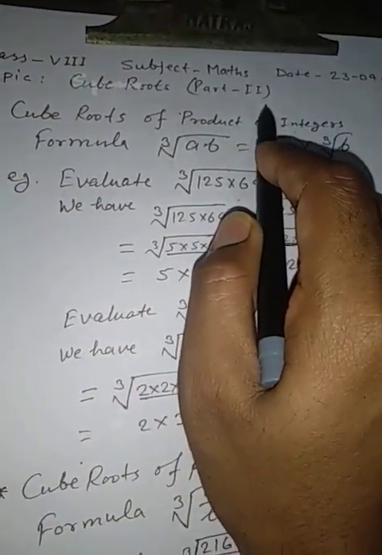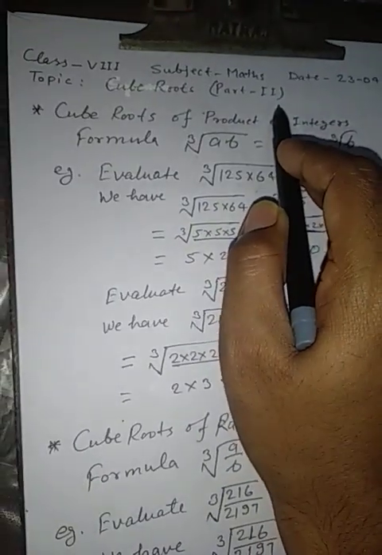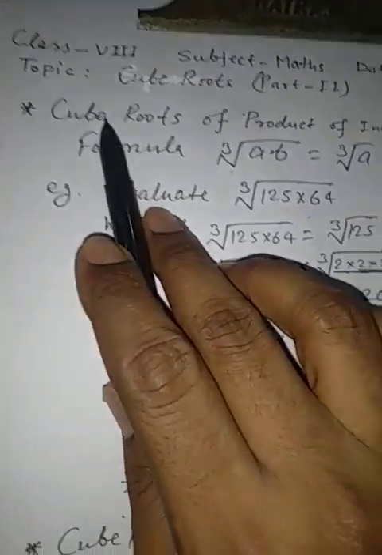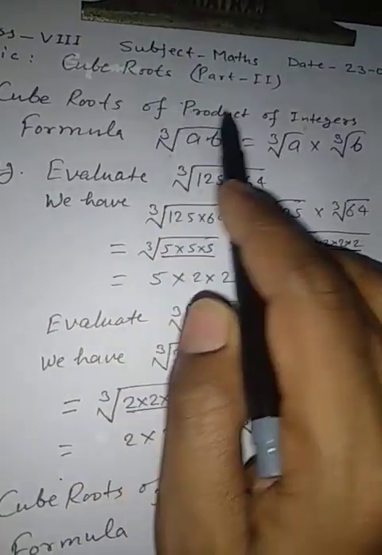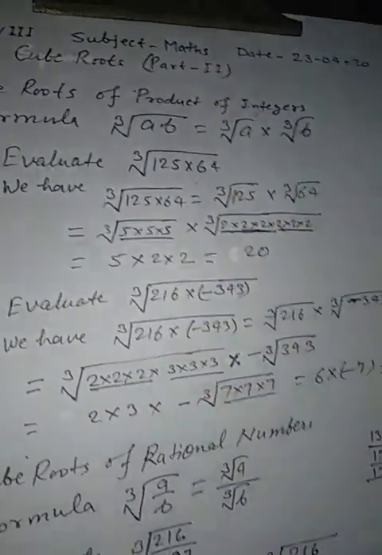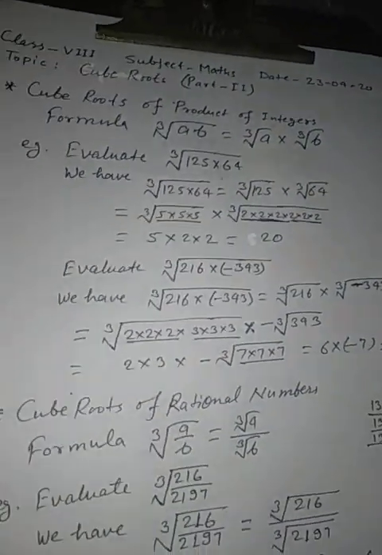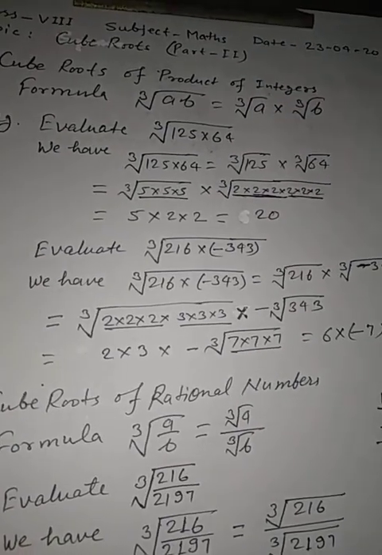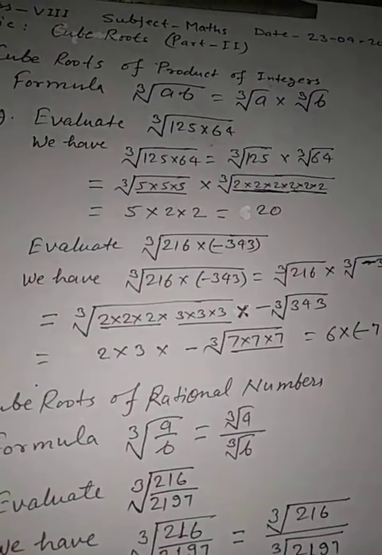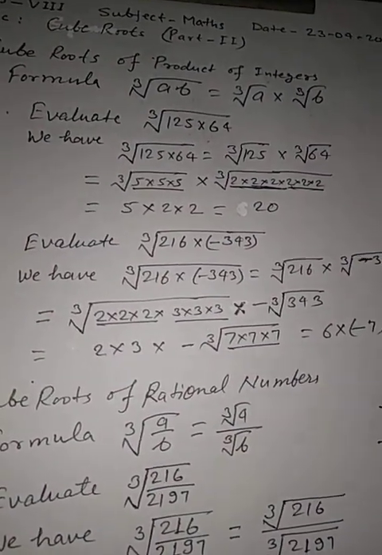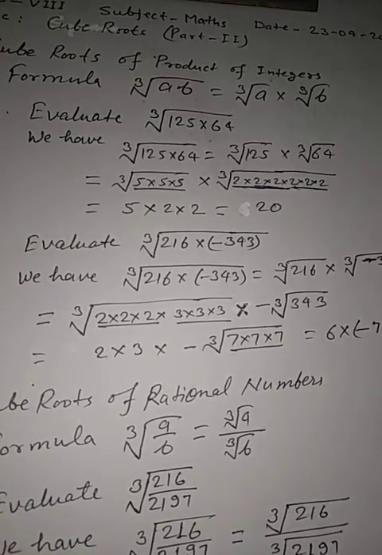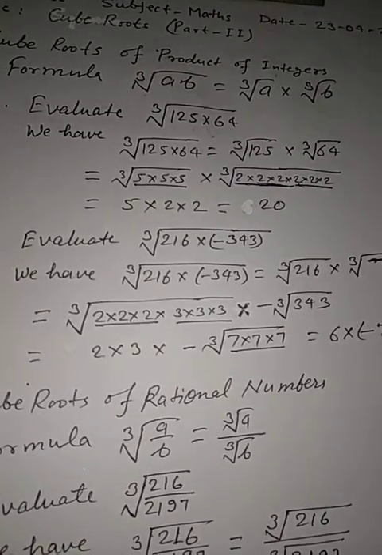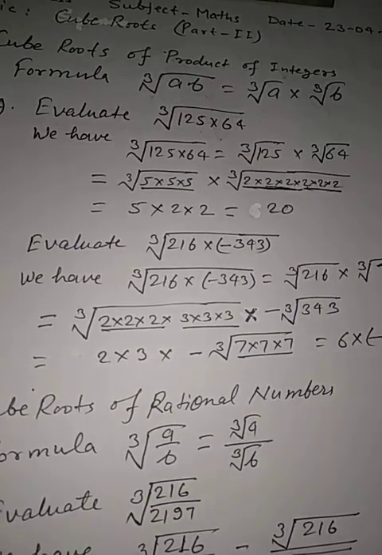Students, our today's topic is cube root part 2, following part 1 from the previous class. The first thing is cube root of product of integers. Integers means natural numbers, 0 and the negatives of all natural numbers.